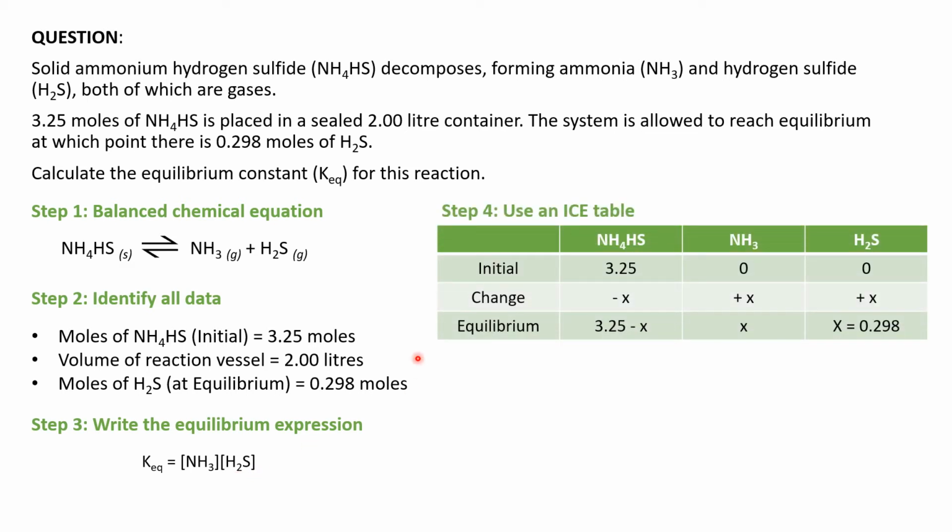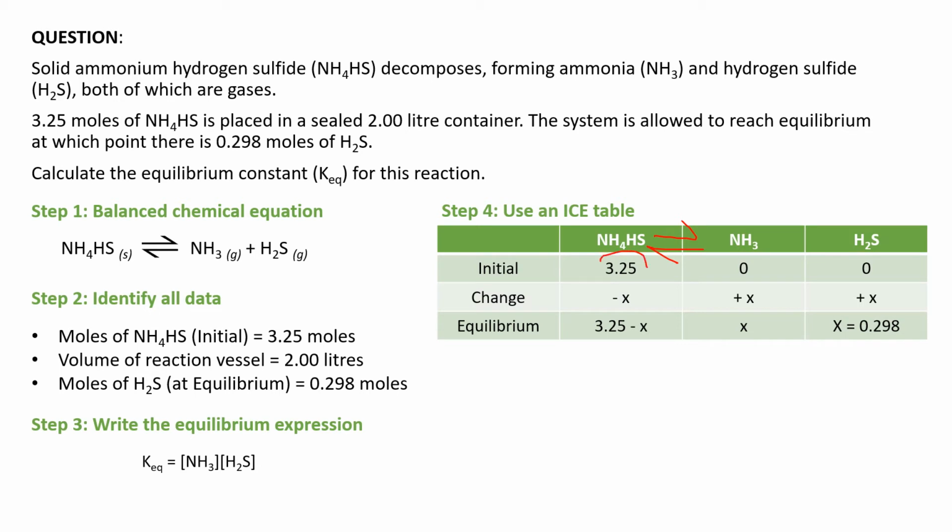Next step, we need an ICE table. So ICE stands for I is initial, C is change, and E is equilibrium. And we create a column for each of the reactants and products. So in this case, my reactant is the ammonium hydrogen sulfide, and then it's going to change into my 2 products, which is ammonia and hydrogen sulfide.